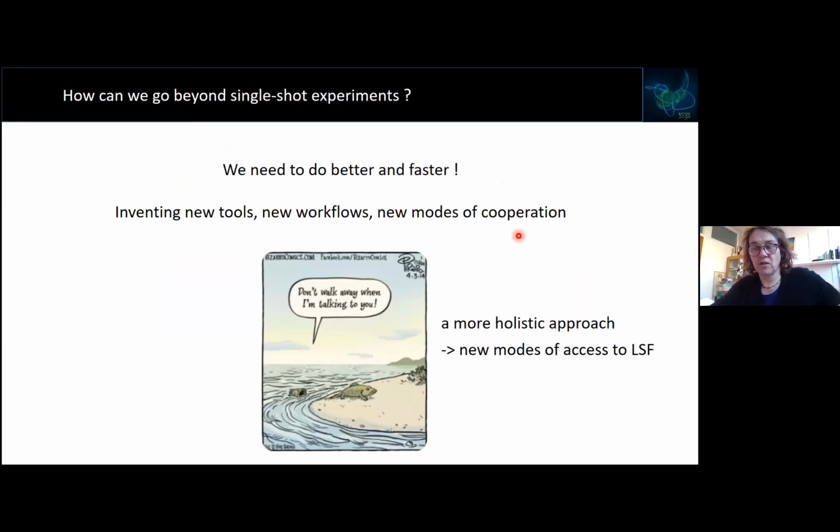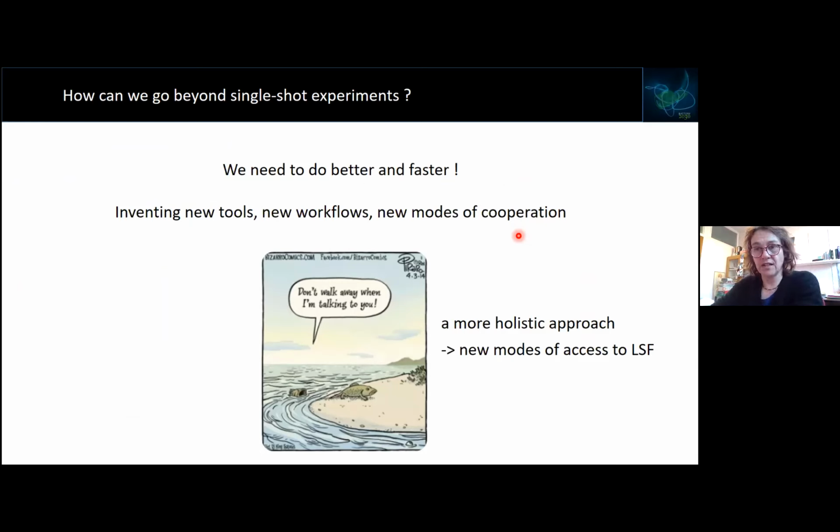And if we want this holistic approach in the characterization of batteries, well, one first consideration is we need new modes of access to the large-scale facilities to reduce the time for this sequence of actions that we have in the development of a single-shot experiment.